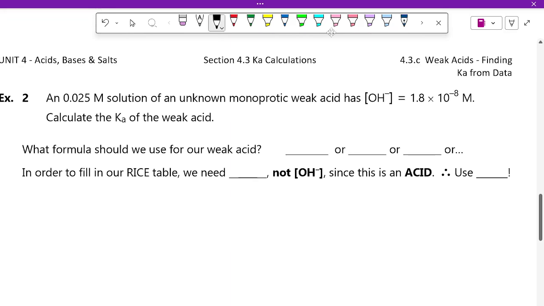So for your unknown weak acid, you could call it HA, you could call it HX, or HW for weak, although W is tungsten.